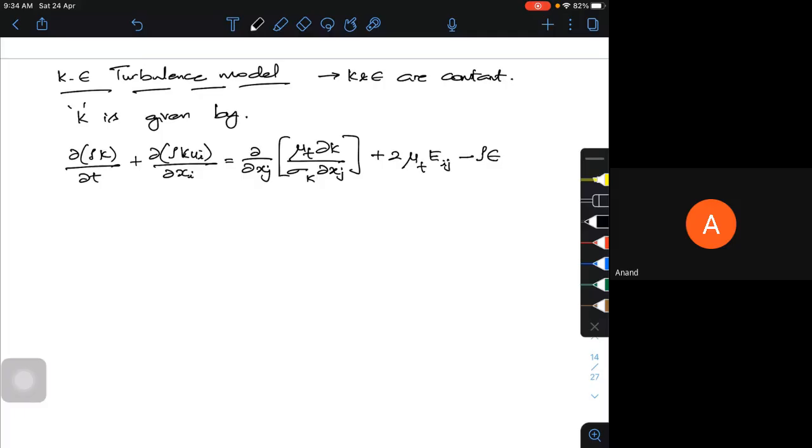So this is the equation for k. But what you see in most of your CFD models is you will be having the value for k. This k is solved based on this particular equation.